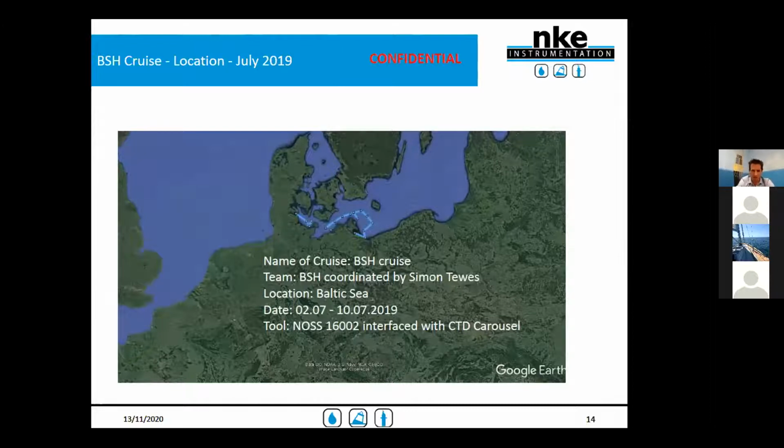Some confidential information about another cruise that we performed with the NOSE sensor. It was in 2019 with a team coordinated by Simon Tiwiz. We deployed the NOSE sensor on a carousel CTD in the Baltic Sea.